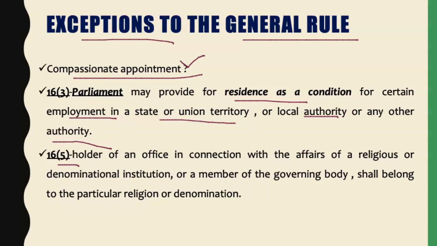So we'll first finish clause 5. ये बात करता है कि nothing in article 16 shall affect the operation of any law. अगर कोई law बनाया गया है which provides that the holder of an office in connection with the affairs of a religious or denominational institution उसी religion या particular denomination को belong करेगा, तो ऐसा कोई भी law आपका article 16 को violate नहीं करेगा. This is just to safeguard the operation of religious or denominational institutions.